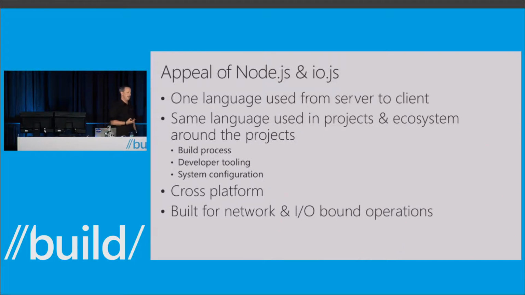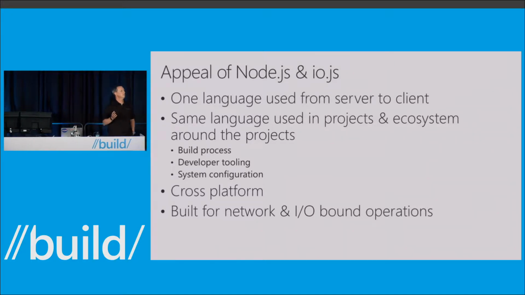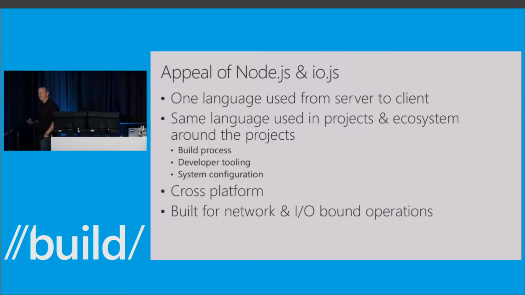What I mean by that is that on the client, I'm doing JavaScript work in my browser to create client-side applications. On the server, I'm using the same language, JavaScript. If I'm doing a .NET app and I want to automate my build process, what does Microsoft traditionally use? We use MS Build. How do you define things in MS Build? You do it using tasks. Those tasks are defined using XML.